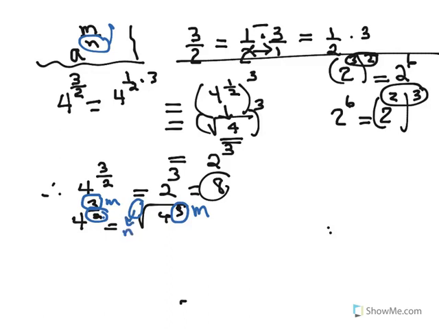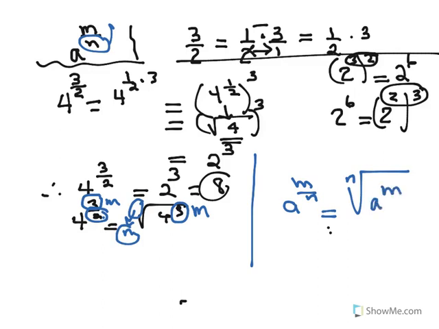What I'm saying is that when we have a to the m divided by n, really what we're talking about is the nth root of a to the m. This looks very intuitive, and you really understand what we're talking about here.